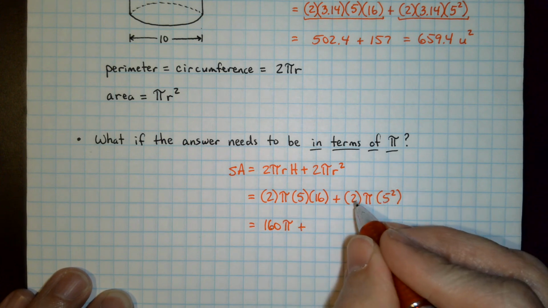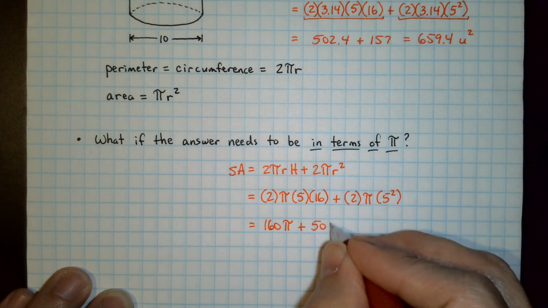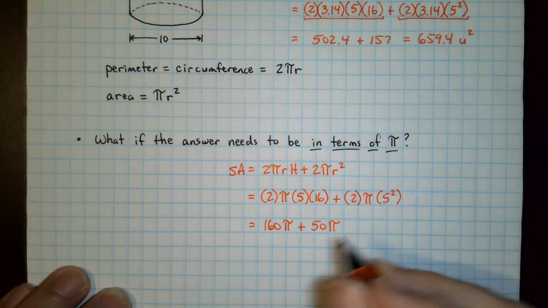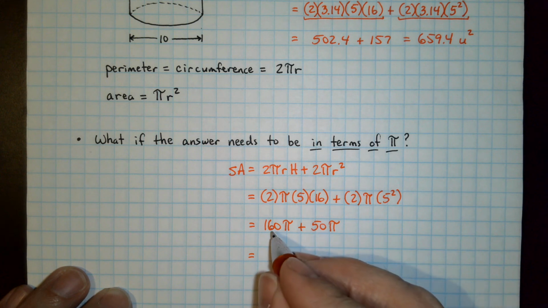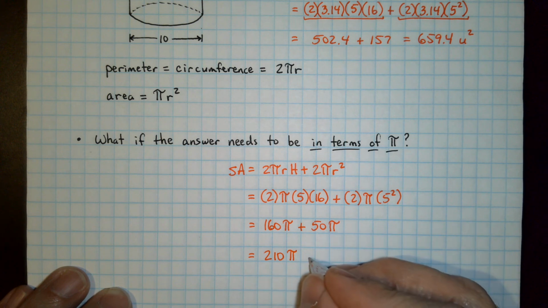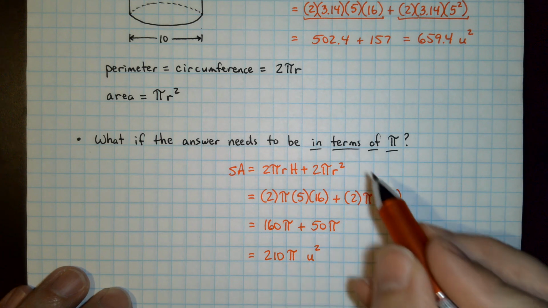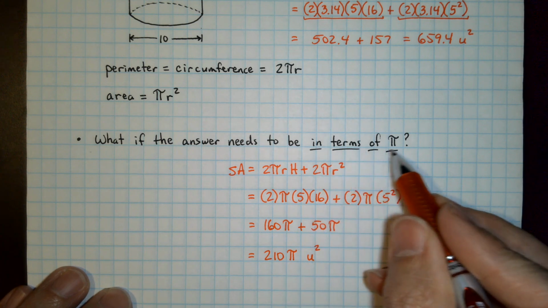And over here, 2 times 5 squared is going to give us 50, and we have pi beside that. And if we put those together, 160 pi plus 50 pi gives 210 pi. We're still going to have units squared, but this time our answer has pi in it. So that means it's in terms of pi.